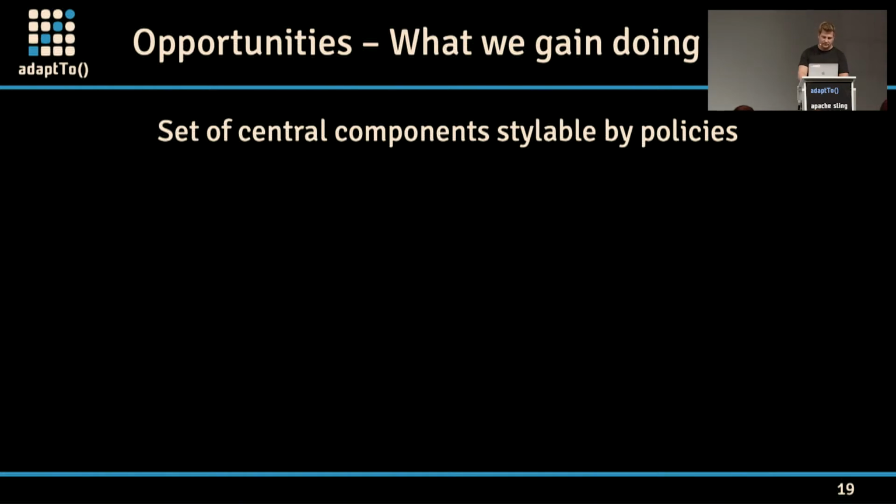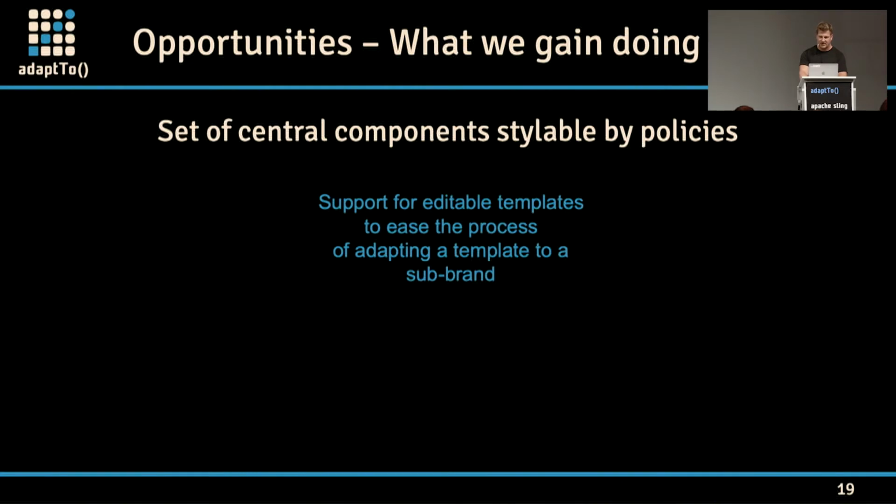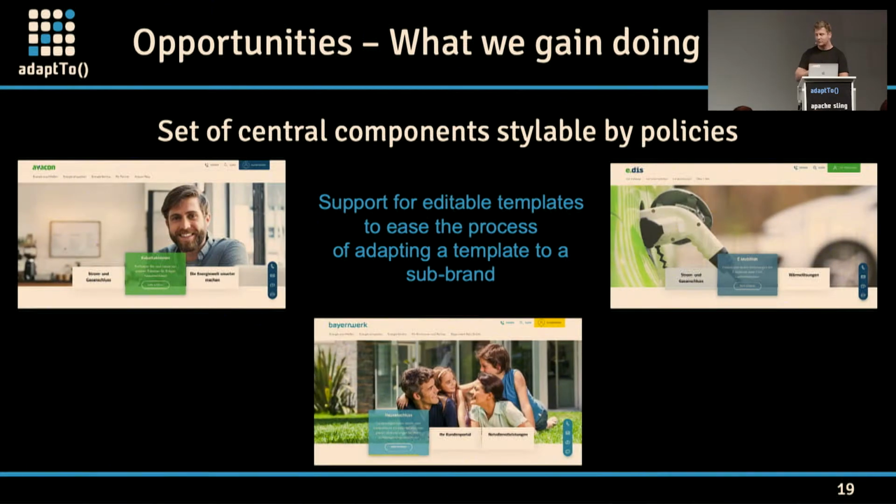So this central set of components is then also stylable by policies, as we've got a lot of websites which look most likely the same. If you look at them, you might even end up saying, well, isn't it the same? No, you can see on the right top corner it's blue, on the left hand side it's yellow, on the bottom green. It's some small changes.